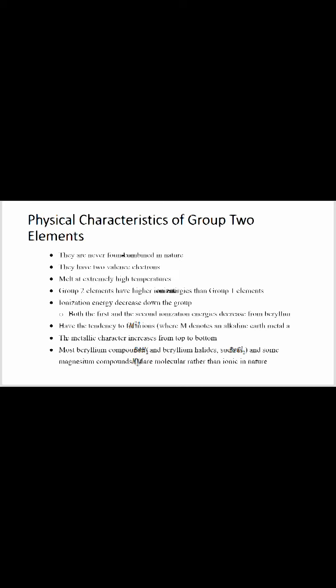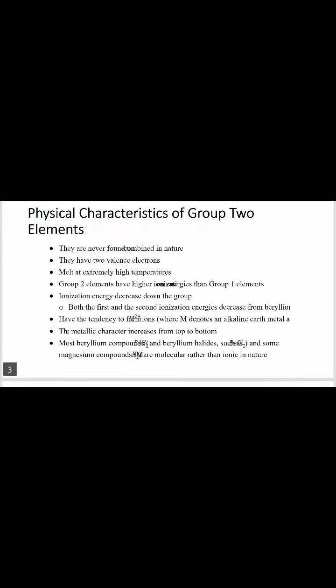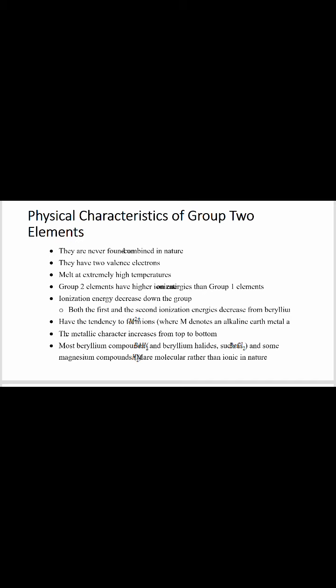Kwa hiyo energy ambayo anatumia kuvuta electron wawili kuja kwenye nucleus is quite different with the energy needed to pull only one. Nilikupa mfano, wewe una watoto wawili, mmoja yuko maabara, mwingine yuko hapo, na mwingine labda yuko hata nyumbani.